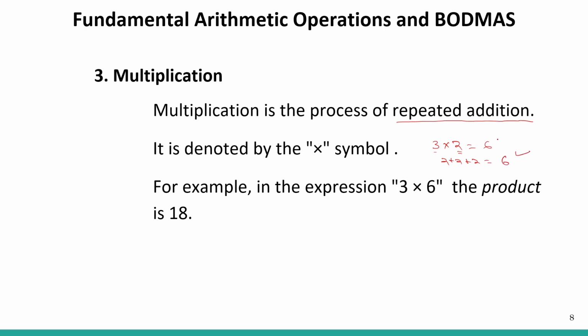This is what repeated addition is. For example, in the expression 3 into 6 the product is 18, because 6 is added 3 times: 6 plus 6 plus 6. You can also write this as 3 added 6 times. In this case, it was 3 times.